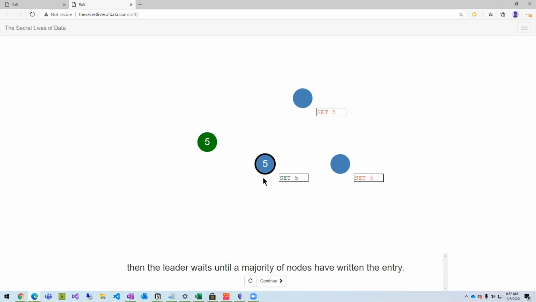So then what will happen is, this node which has the uncommitted value broadcasts a message as a candidate, and now this node becomes the leader, right? So this node becomes the leader now, and this message was in uncommitted state.